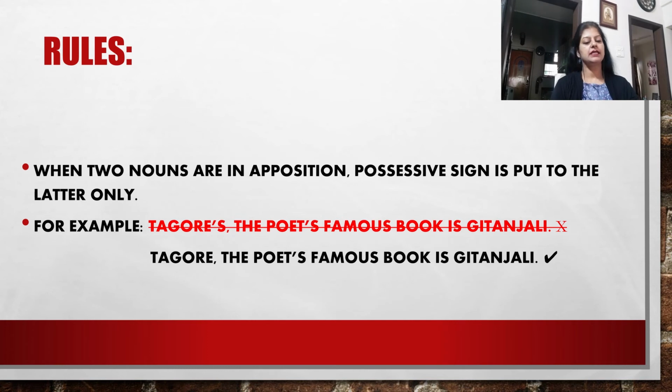So the first sentence is absolutely wrong. We can write like this. We will not show the possession on Tagore. We can write Tagore, the poet, because the poet as well as Tagore are the same. So we will write Tagore, comma, the poet's famous book is Gitanjali. We are showing the possessive case in the second word, that is the later one.